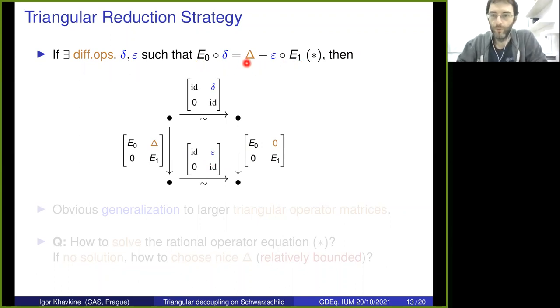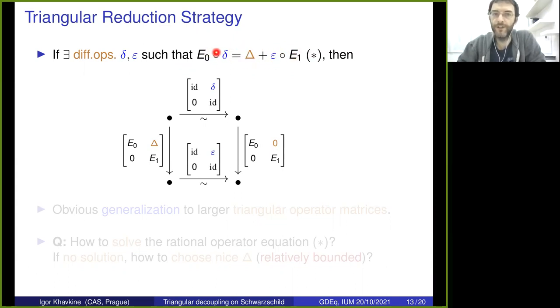What you need to do to achieve this simplification is to solve this operator equation. So E0, E1 are fixed. For us, these are just going to be some determined ordinary differential equations. And you have this delta sitting in this formula, and you want to find big delta, and the small delta and small epsilon, which together, when you do all the compositions, satisfy this equation, right?